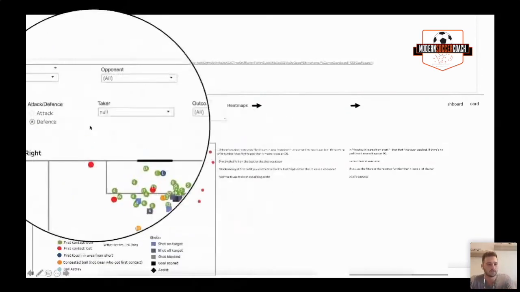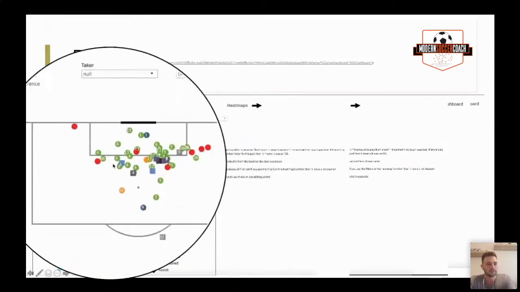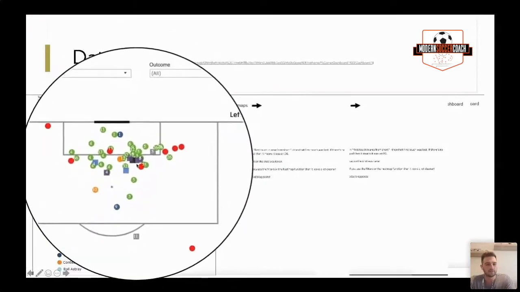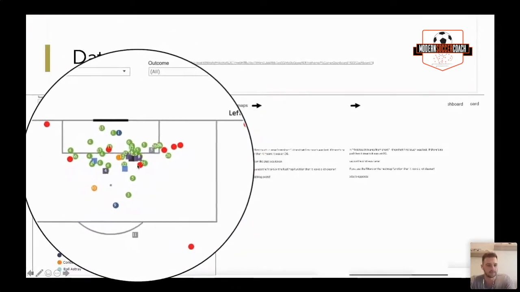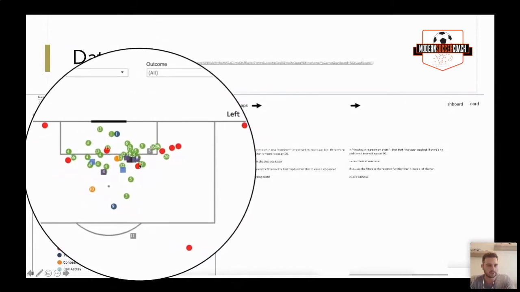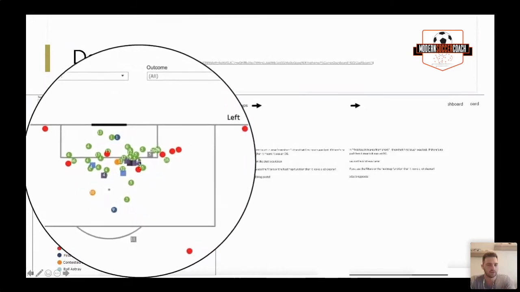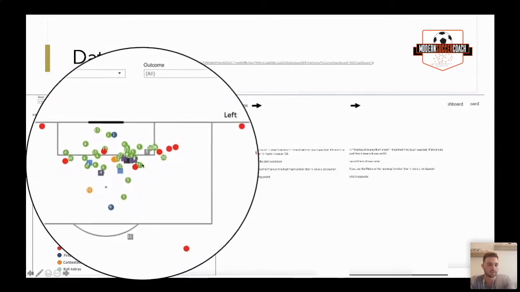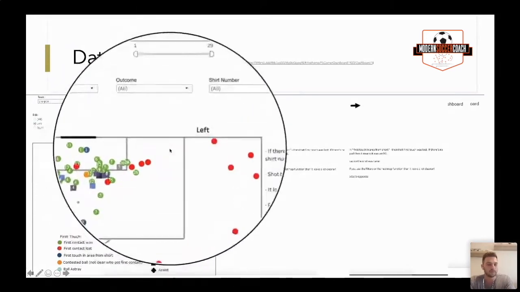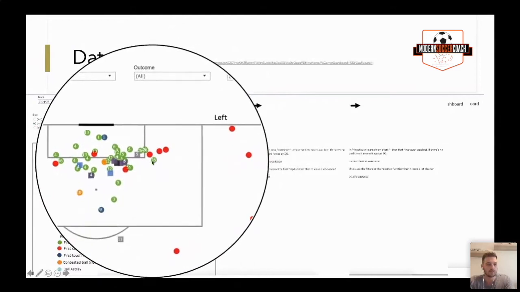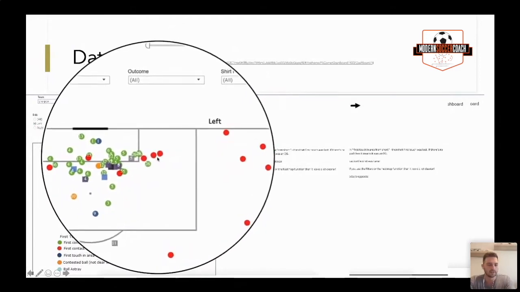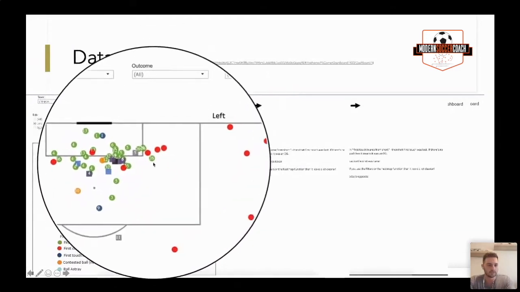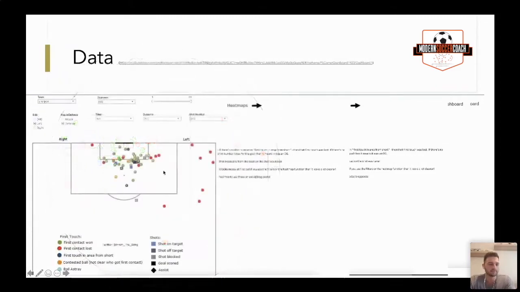This is the Liverpool data, and this is very clear where they suffered the most, especially at this zone where they conceded a lot of goals, a lot of headers and a lot of shots. They also had some lost contacts here in front of the 6-yard box area.